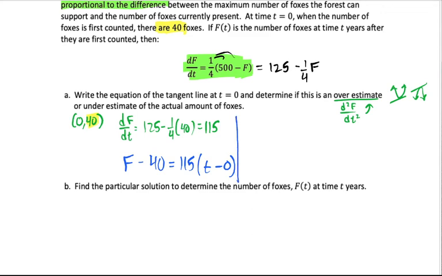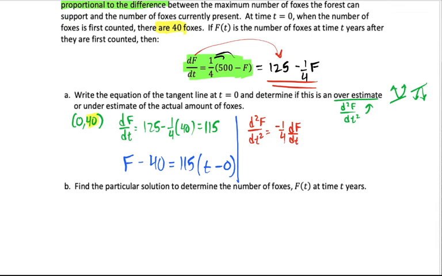Because we still have to do a whole other half of this problem, which is we have to find this second derivative. Now, this is where this equation comes into play, because here's our first derivative, and it's equivalent to this. So let's do the derivative of that. The derivative of 125 is 0. The derivative of a negative 1/4 f is going to be a negative 1/4 df over dt, because we're doing it over time.